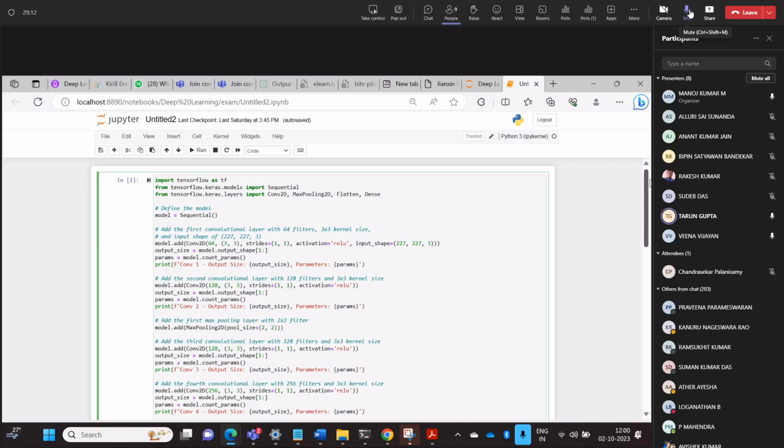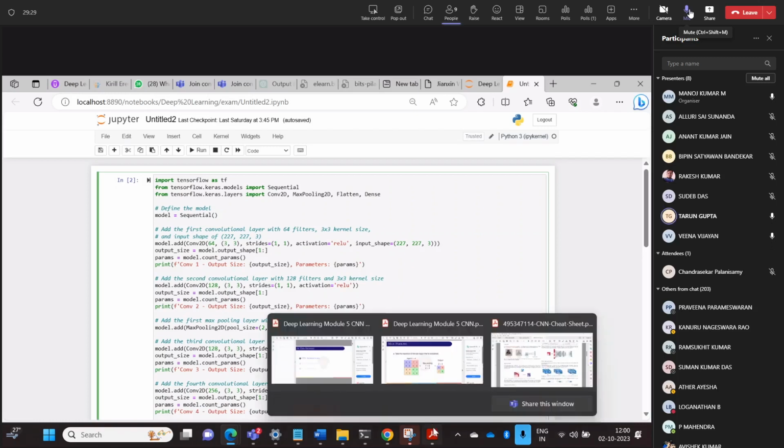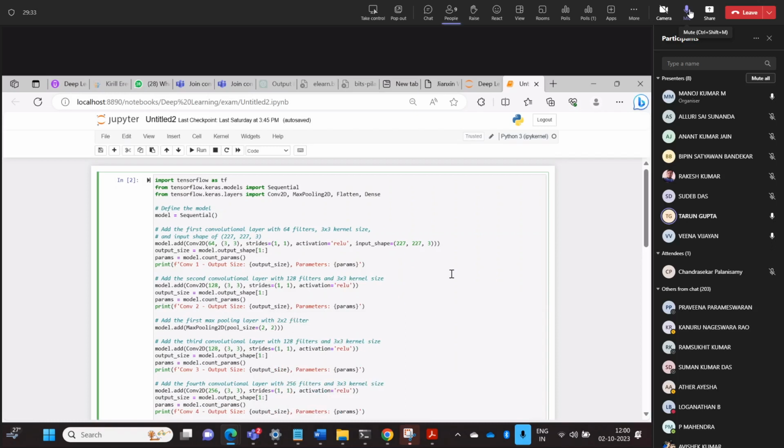So how do we come to this number 64, starting with 64 and then 128? This was given in the question paper. 3 by 3 is the kernel size, so 64 is the number of kernels here, right? Correct. So we have 64 filters.